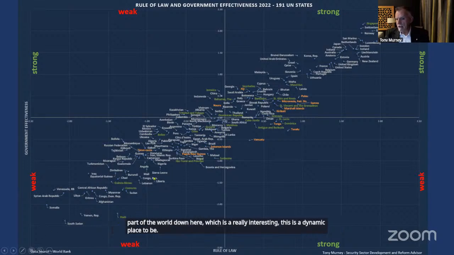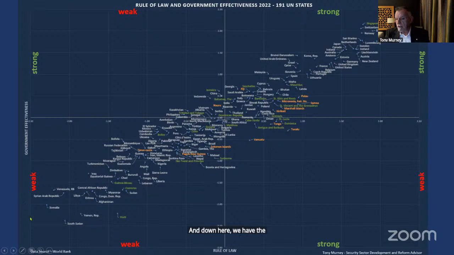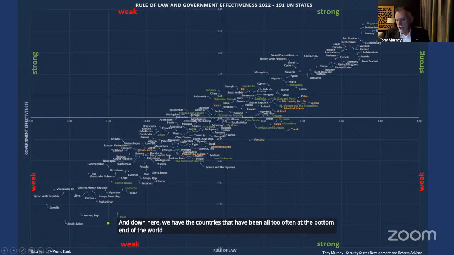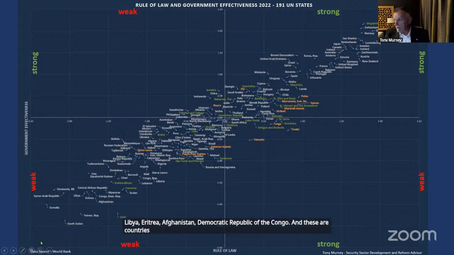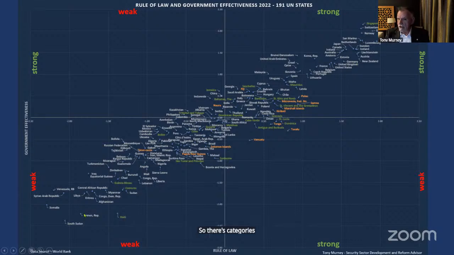And down here, we have the countries that have been all too often at the bottom end of the world for a long time, places like Haiti, South Sudan, Somalia, Syria, Libya, Eritrea, Afghanistan, Democratic Republic of the Congo. These are countries that have largely been affected by internecine warfare and violence. So there are categories you can see that make some sense using this measure.